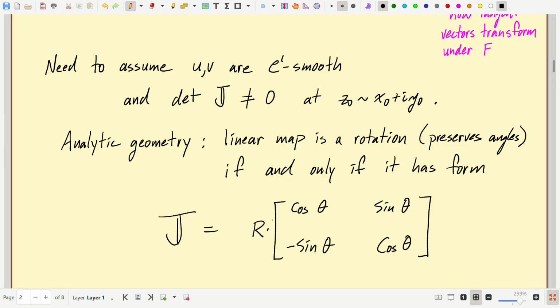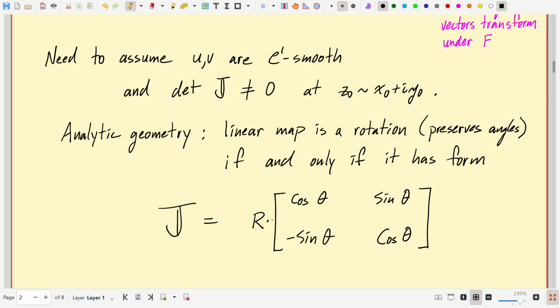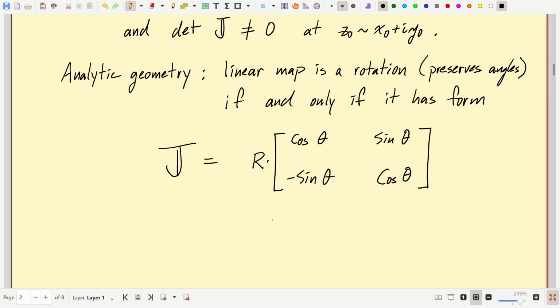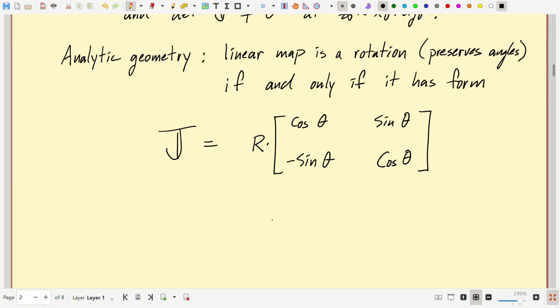So that r would multiply in every spot. That turns out to be a stretch factor. So if it's a rotation, it also would stretch, like multiplication by a complex number does.